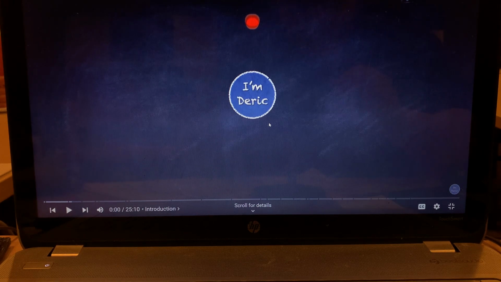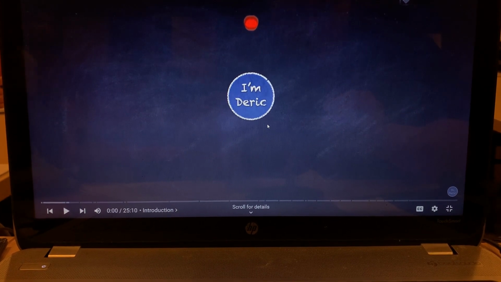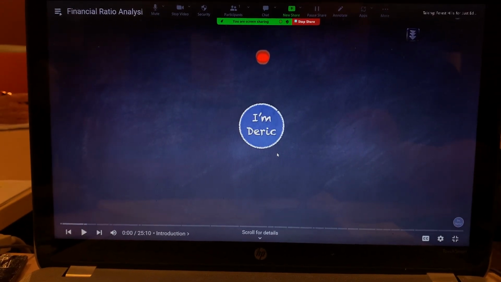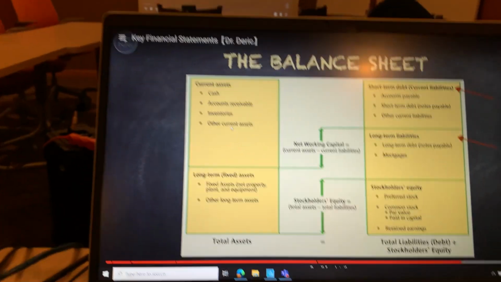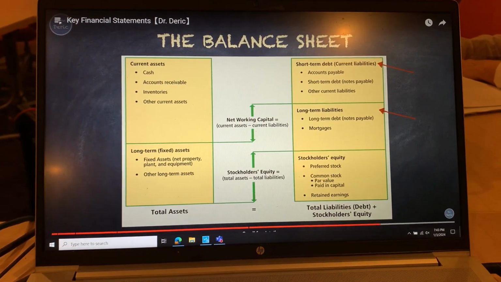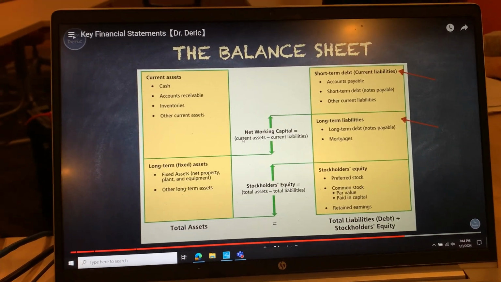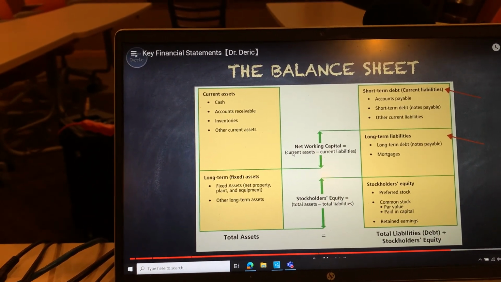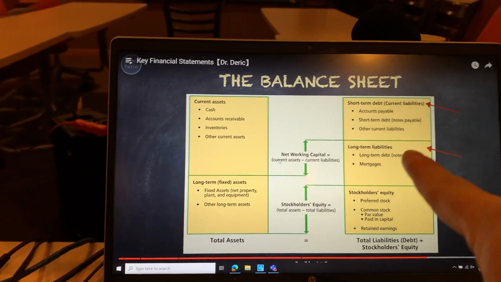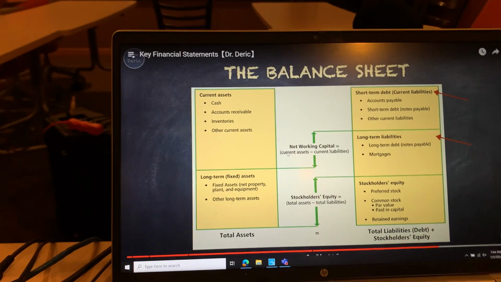The other thing that's very important too, and I'm going to move my camera to show the other two tables, is you're going to want to queue up the previous lecture on key financial statements. There are two sheets that are going to become really useful to you. The first is the balance sheet. When we start talking about it, cluster around my second screen here, because I can't project it up there.